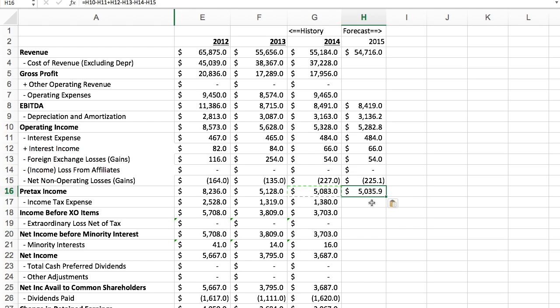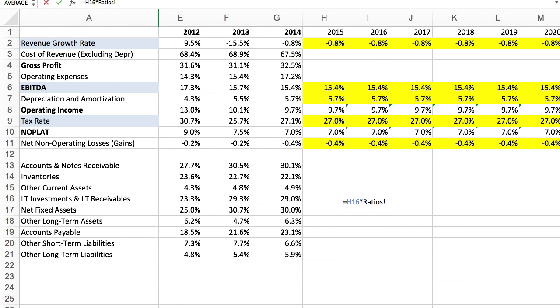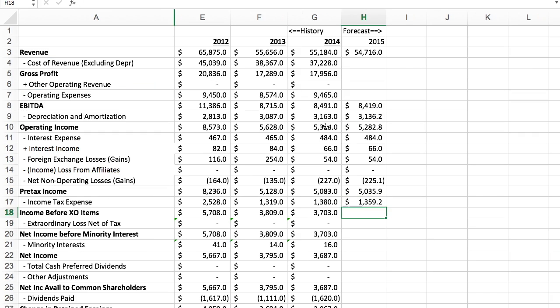Income tax expense. If that's my pre-tax income, my income tax expense would be my pre-tax income in 2015 times, from my ratios, my 2015 tax rate. That's how much I would pay in taxes, $1359.2. For which one? So for the pre-tax income or for the income tax expense?